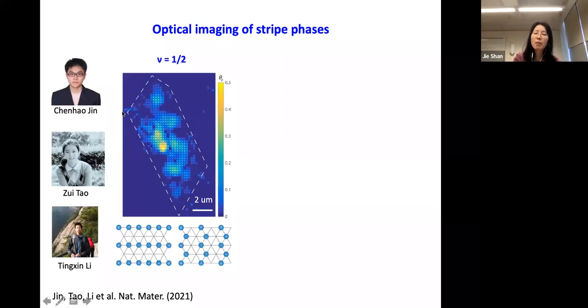The moire samples are inside the dashed frame, and we know the crystal orientation of the moire by doing nonlinear optical measurements. We can also measure along which direction the rotation symmetry is broken, and the amplitude, how much it's broken. And you can see that those stripes are the lines that tell us about the order, the direction.